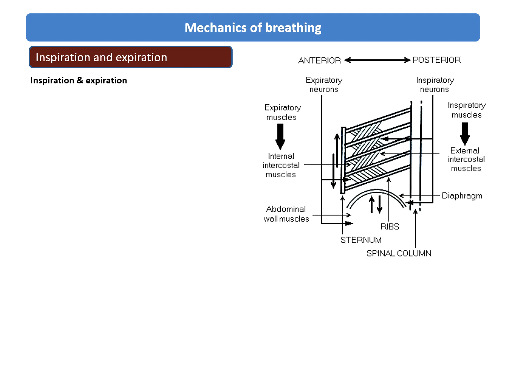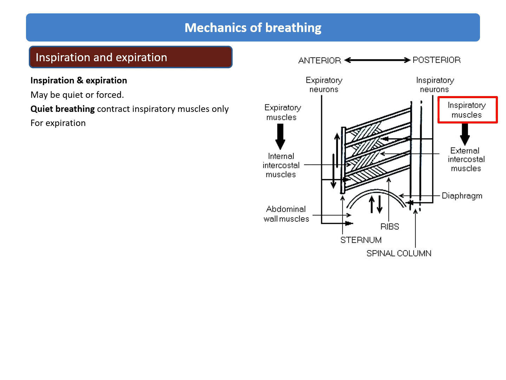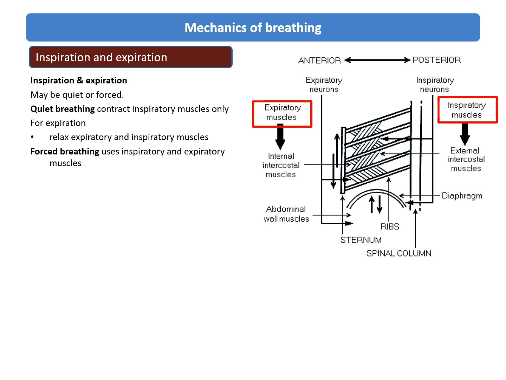Now, let's come back to the view of the chest and look at a little more detail of inspiration and expiration. Breathing may be quiet or forced. In quiet breathing, the inspiratory muscles only are used, so they contract. For expiration, the expiratory and inspiratory muscles simply relax.